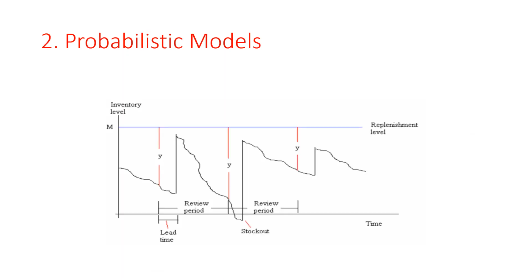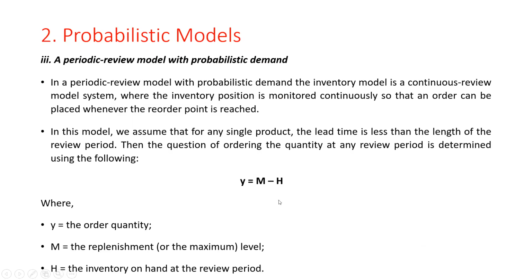In this periodic review model, the demand is probabilistic. The inventory on hand H will vary continuously. So the order quantity must be sufficient to bring the inventory position back to its maximum or replenishment level M, and it can be expected to vary each period.